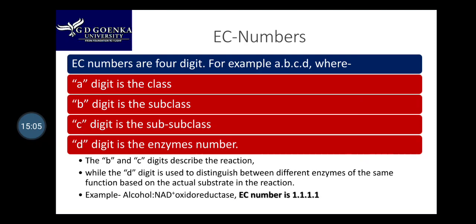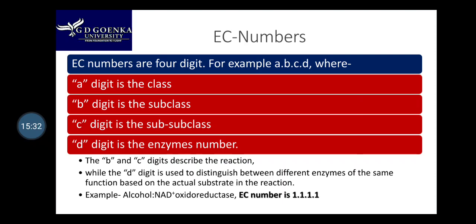So B and C describe the reaction type, while D distinguishes between different enzymes of the same function based on the actual substrate in the reaction. For example, alcohol NAD oxidoreductase is one enzyme, and its EC number is 1.1.1.1.